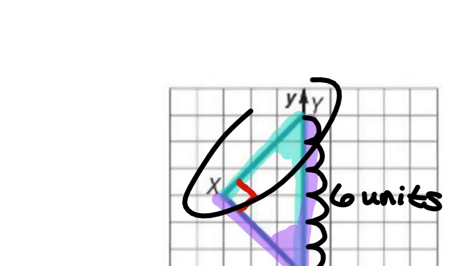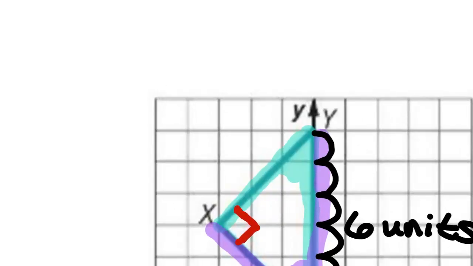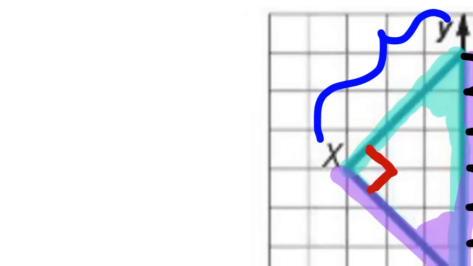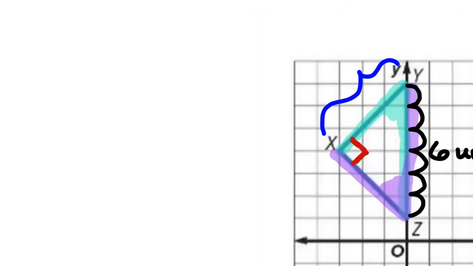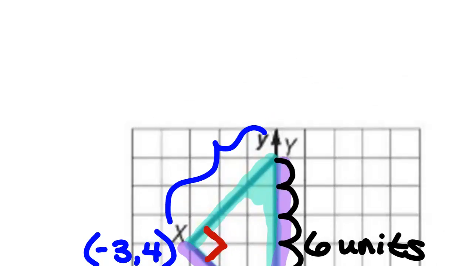Can I count side XY? No. So we're going to have to do what we did before. I'm going to need some ordered pairs. What's the ordered pair for X? -3, +4. And what's the ordered pair for Y up here? 0, 7.